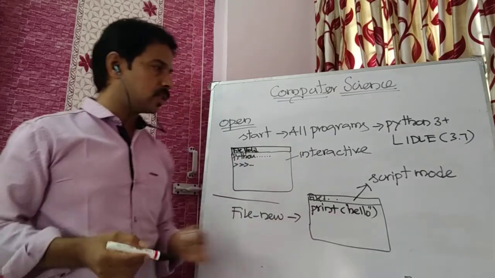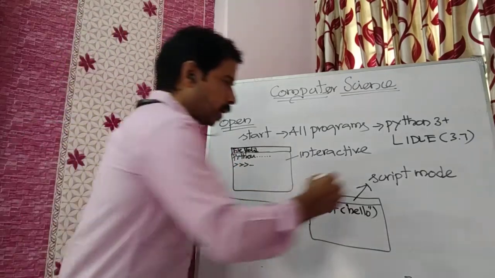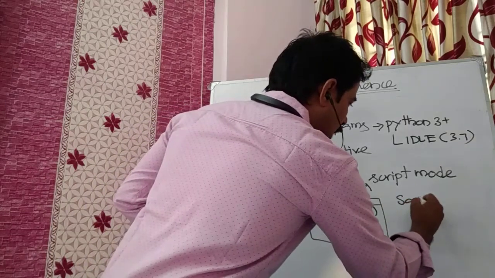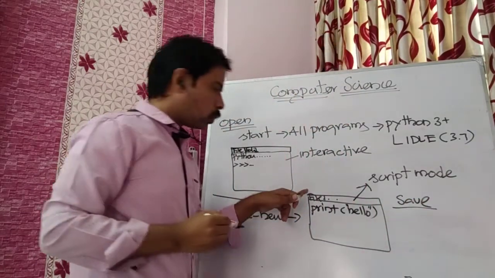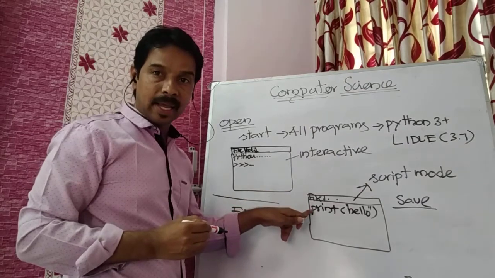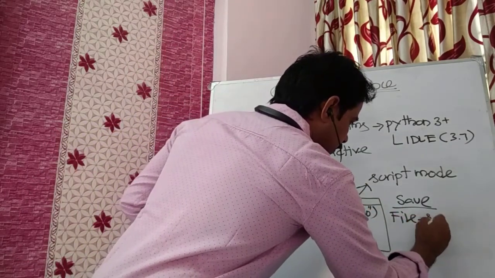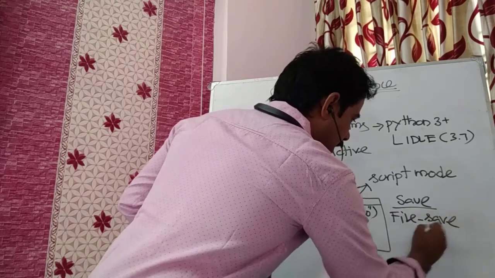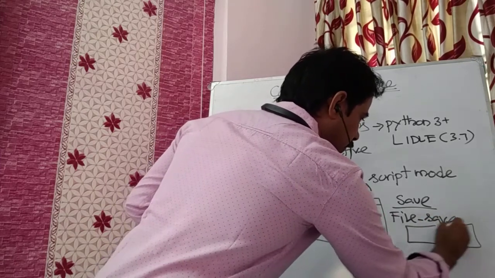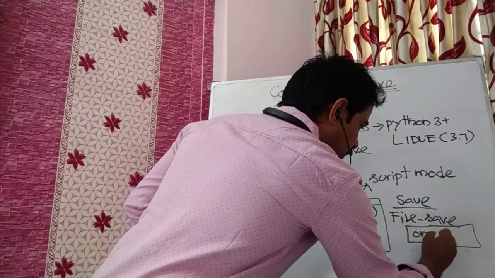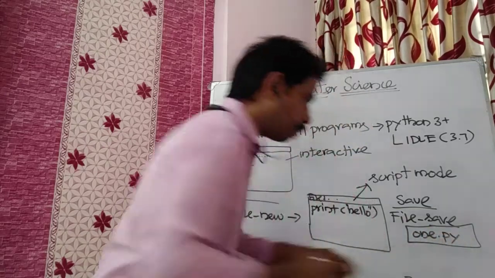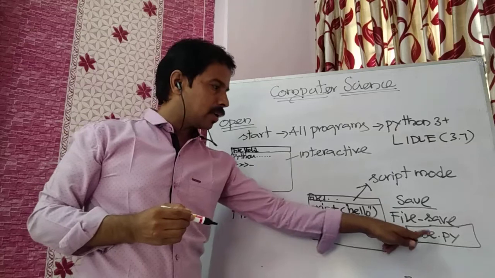In that case, first you have to save. In order to save, go to File, click Save, and give a file name called 1.py. You see, 1.py.